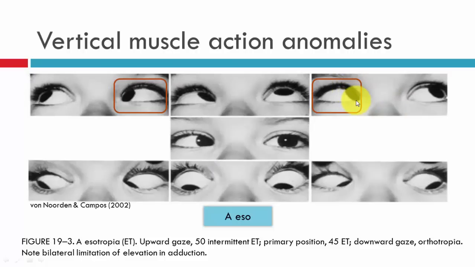Both on left gaze and on right gaze, we can see a right inferior oblique underaction and a left inferior oblique underaction. The fact that there is an issue with elevation in adduction, both in right gaze and left gaze, will lead to an AESO pattern in this instance. Just to note that this actually isn't an inferior oblique palsy. We'll come back to what this is later down the track.